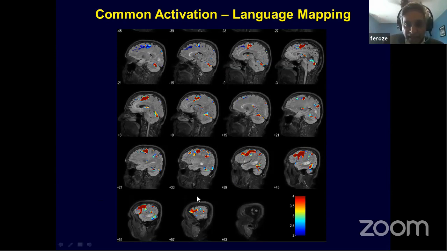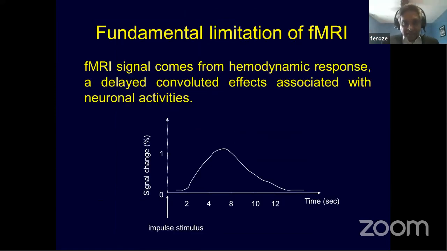We do a common voxel analysis to look for commonalities in these tasks and significance. This would give confidence to the neurosurgeons as well as neuroradiologists in terms of the results. So there are various methods of doing analysis.